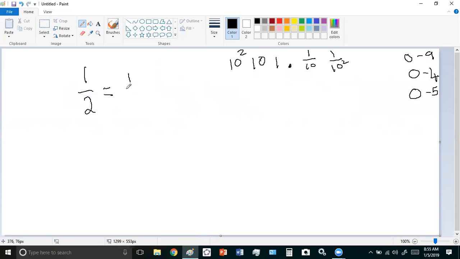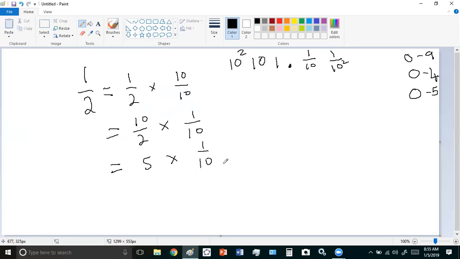It'll be the same as a half multiplied by 10 over 10, and that is the same as 10 over 2 multiplied by 1 over 10, which gives us 5 times 1 over 10. And since there's nothing left over, we're done. We can simply go ahead and write down a half as 5, like that.